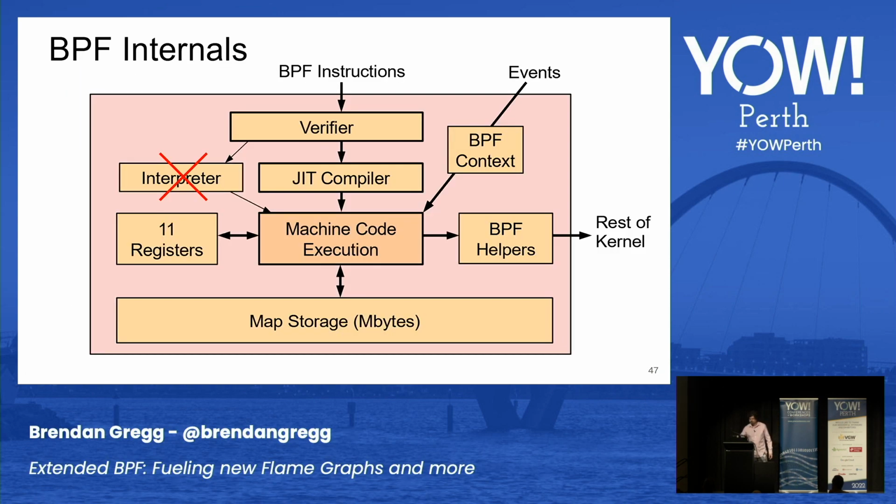How does it work internally? You have BPF instructions go through a verifier that makes sure it's safe, it's secure, it doesn't do anything naughty. That then goes to a JIT compiler that turns it into machine code, and it then runs. If you want to do other stuff to the kernel, like redirect a packet, remember it came from software-defined networking, there are BPF helpers to do that.